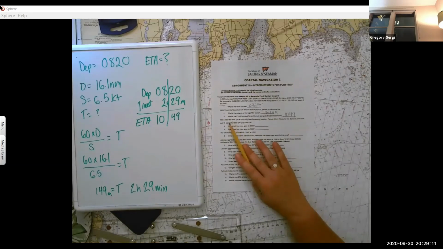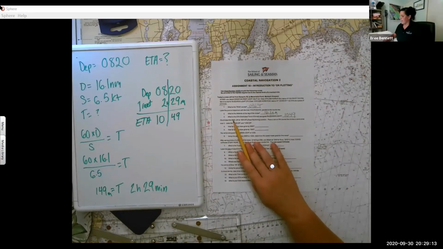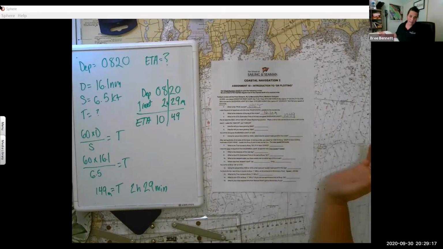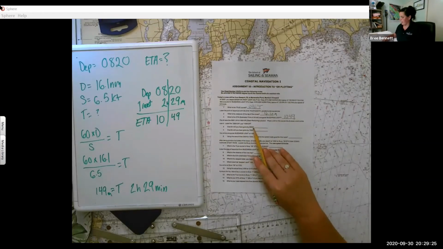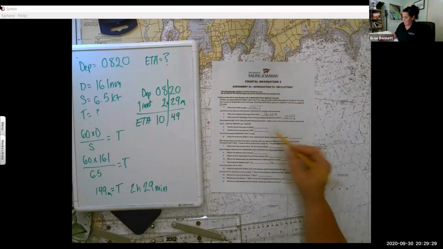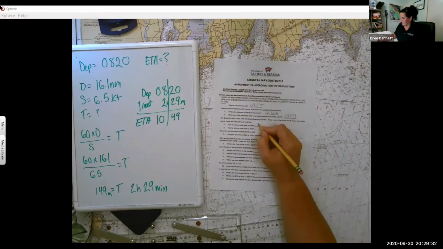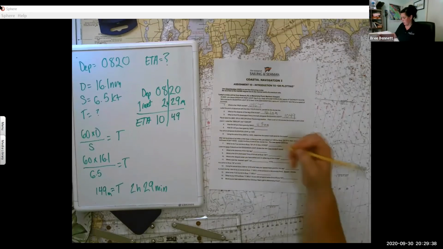Then it says plot and label the 0900 and the 1000 DR. I already did that, I got a little bit ahead of myself. How far would you have gone by 0900? We had calculated that. I erased it, but it was 4.3 nautical miles. We did our 60D Street.